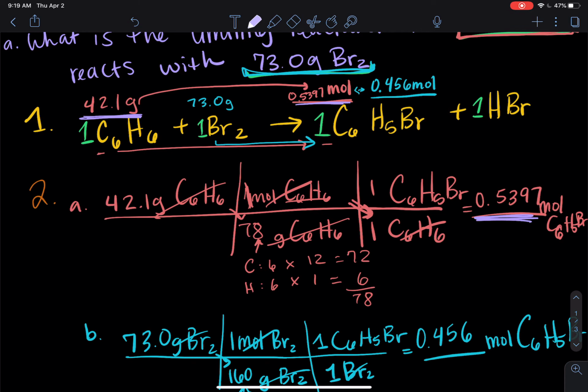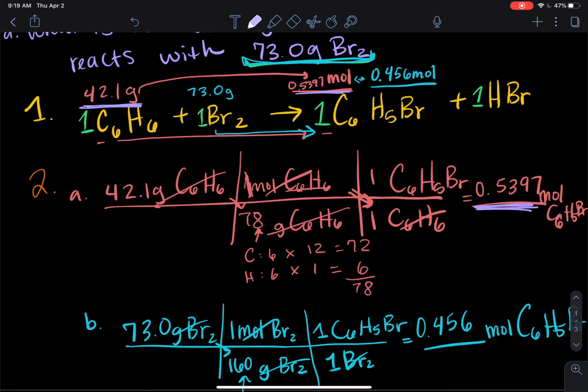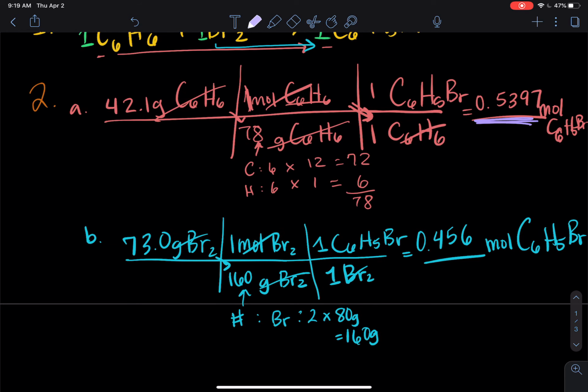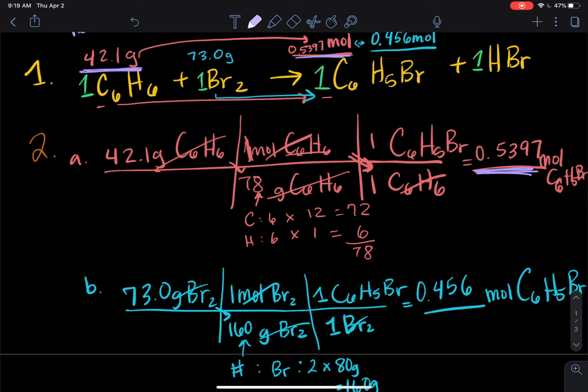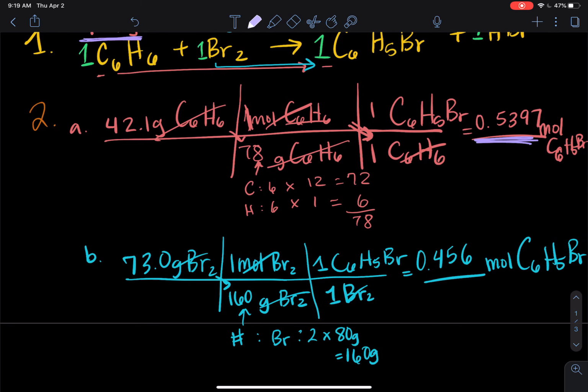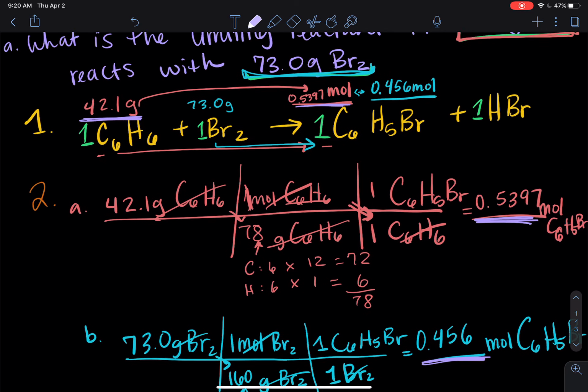Well, then we have to also go to the 73 grams of bromine and say, if we have 73 grams of bromine with plenty of C6H6, we could make 0.456 moles of the product.